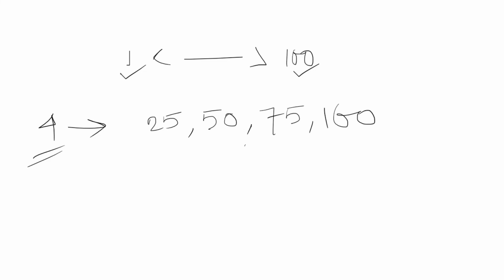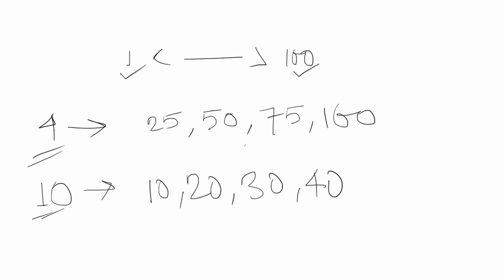The user inputs the number of buckets that he wants to achieve within a given range, and we can also have an input as 10, and yes, you guessed it correctly. In case of 10 quantiles, the quantile function will create 10 buckets within the given range, and the distribution among those 10 buckets will look something like this: 10, 20, 30, 40 and so on up to 100.